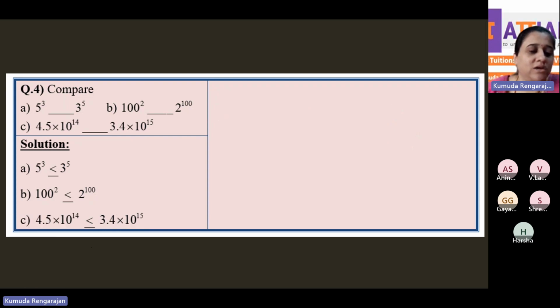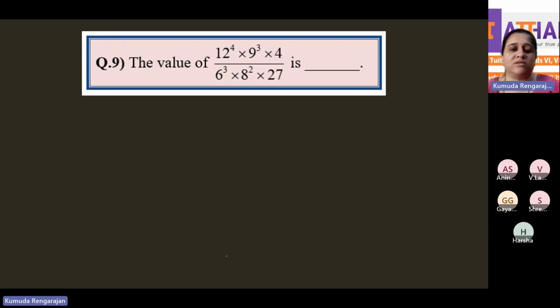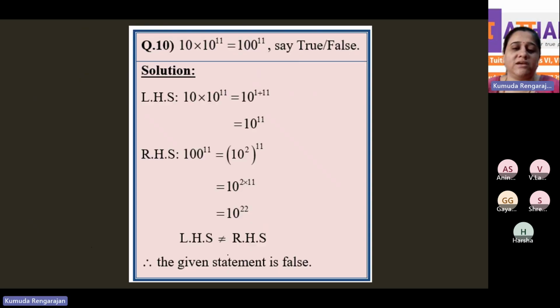Here both are different. The first part is different, second part is also different. So how do you conclude? How do you judge it? So have something fixed so that you can compare only the other thing. That's the criteria. In the same way here, the criteria is we'll have both as 10 to the power something.